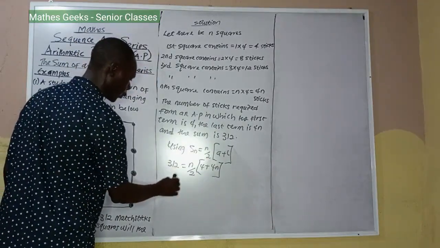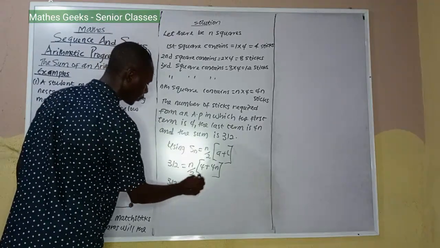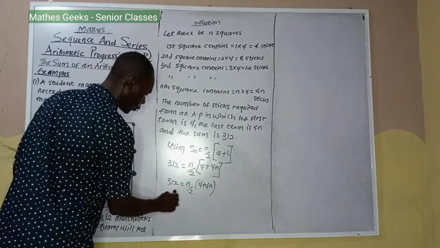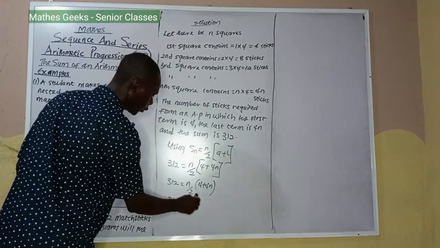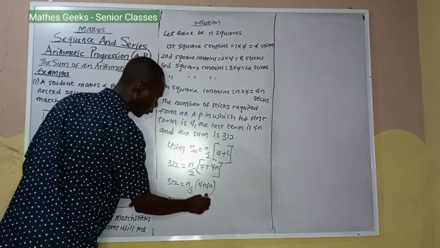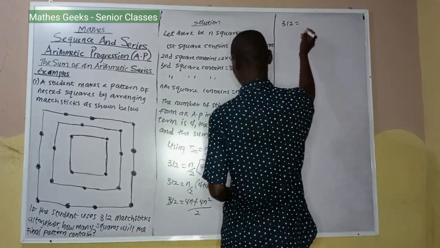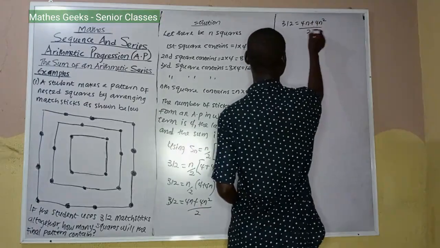So 312 is equal to n over 2 times (4 plus 4n). 312 is equal to n times 4 plus n times 4n, that is 4n plus 4n squared, all over 2.